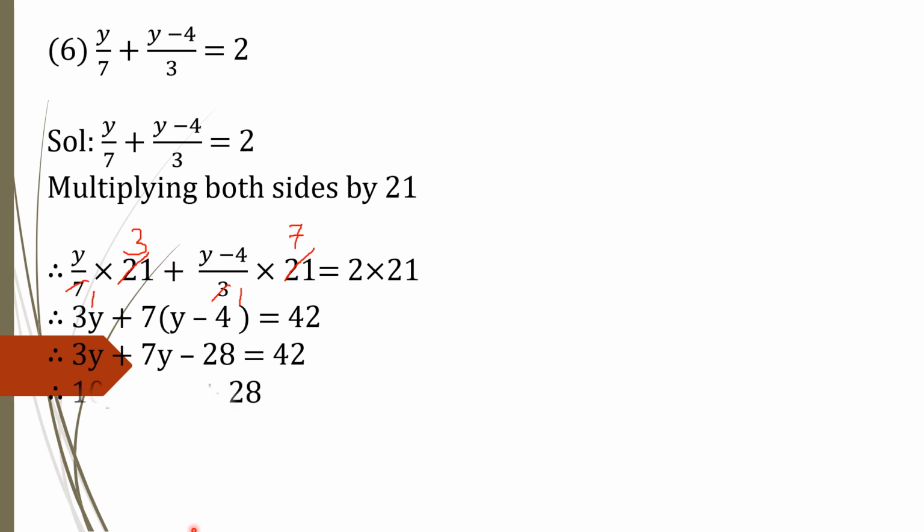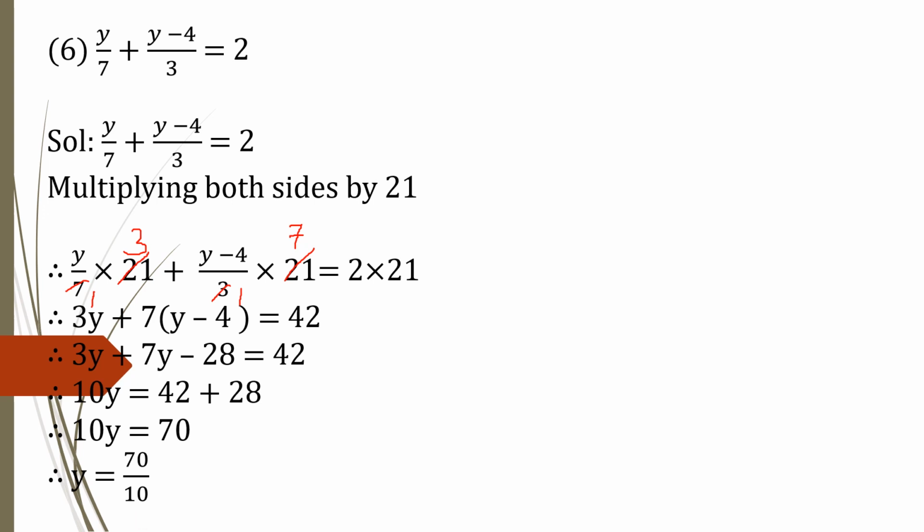So therefore 10y equal to 42 on right hand side, and this minus 28 I brought to right hand side, it will become plus 28. Now we'll add this 42 plus 28. So write down next step as, therefore 10y is equal to 70. 42 plus 28 will give you 70. Now therefore y equal to 70 upon 10.